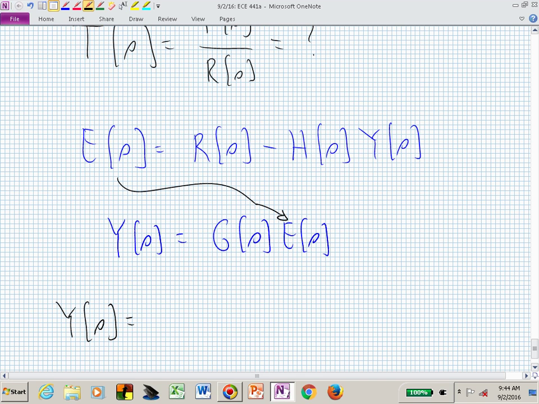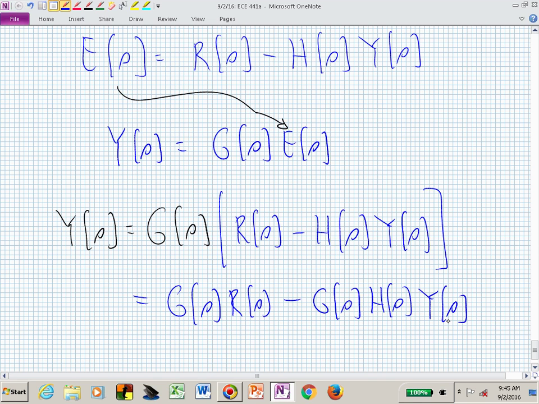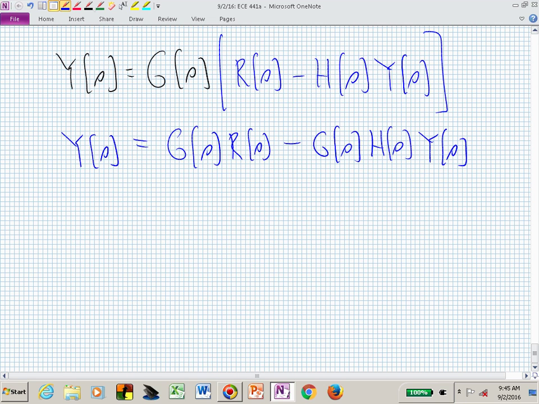Now I have Y of S is G of S times E, which is R of S minus H of S, Y of S. If I distribute that G through this expression, I now have G of S, R of S, minus G of S, H of S, Y of S. And that all equals Y of S. We called this algebra for a reason.